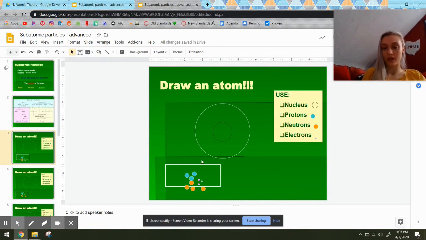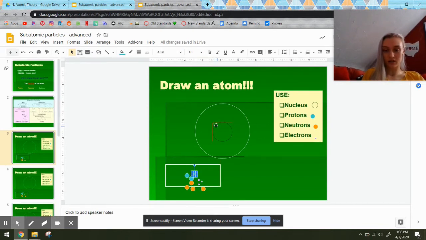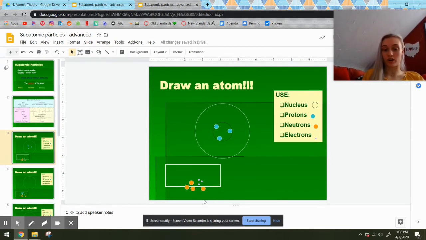bigger circle. And what do we know that we just kind of talked about that's inside the nucleus? What particles are in it? So we have protons inside the nucleus. So I'm just going to throw these little protons in here. And then we also have neutrons.